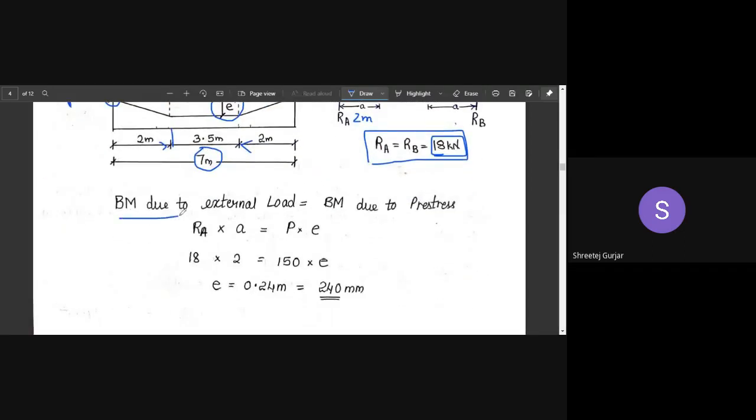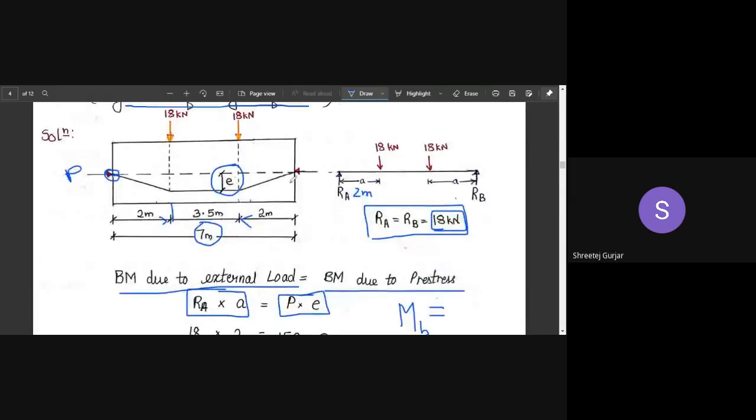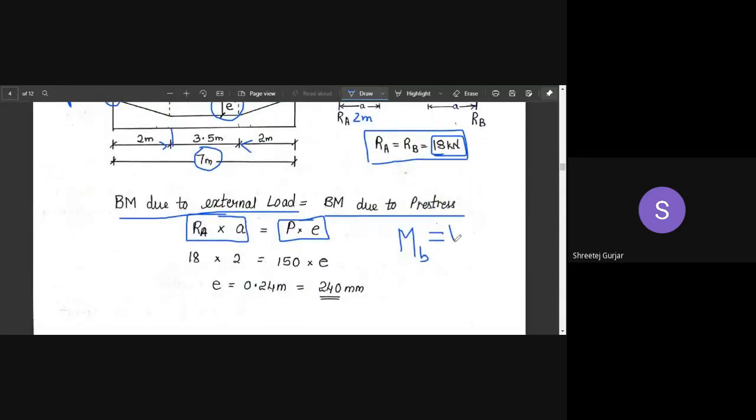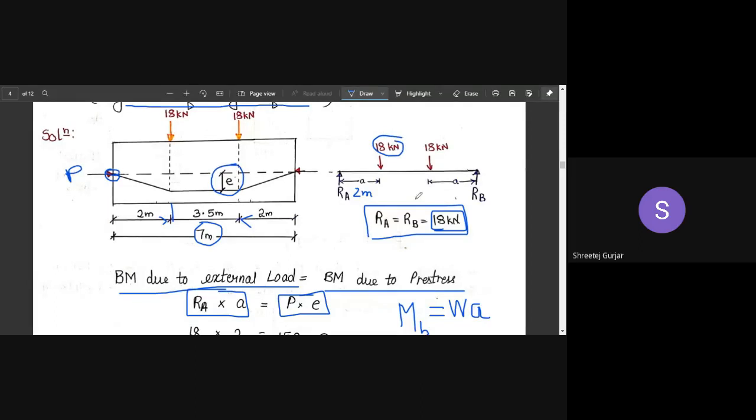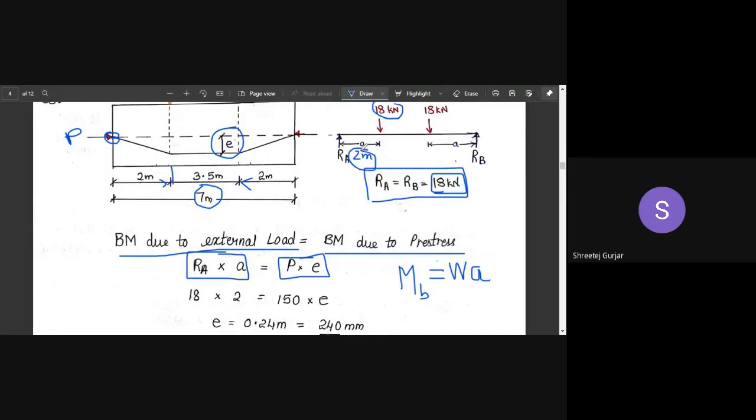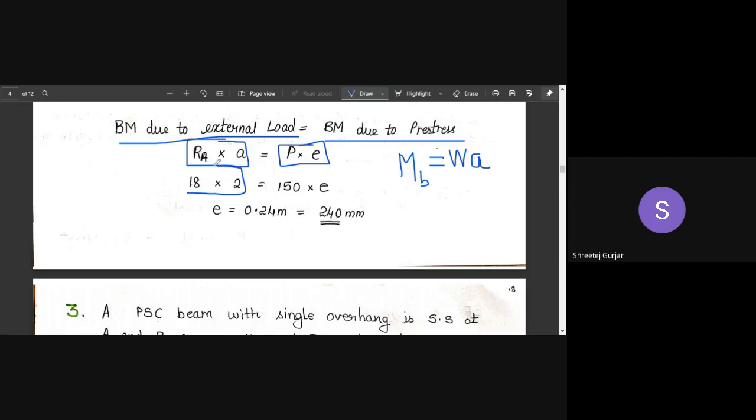Next, bending moment due to external load is equal to bending moment due to pre-stress. The bending moment due to pre-stress we know is P into E, and the bending moment due to external load is RA into A. When we have a double-harped tendon, the balancing moment is nothing but W into the distance A. W is 18 and the distance A is 2 meters, so 18 into 2 we have written here.